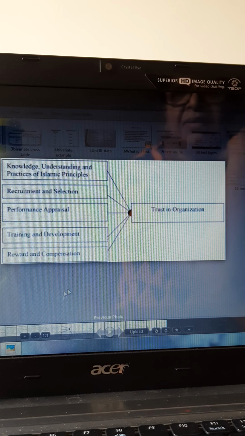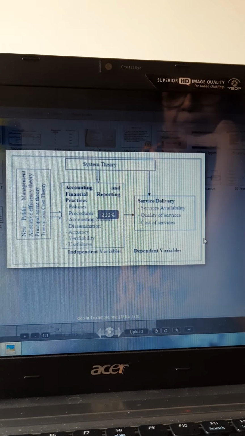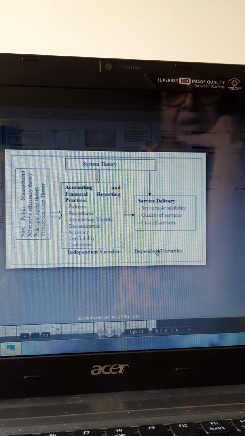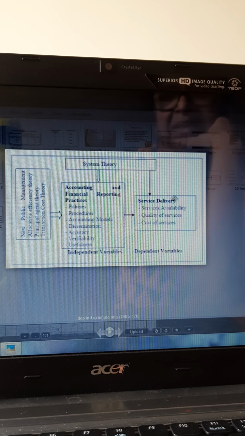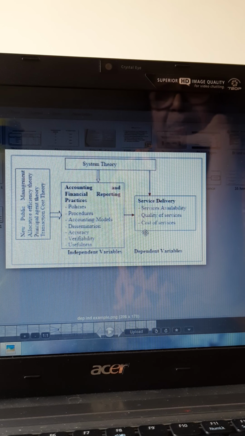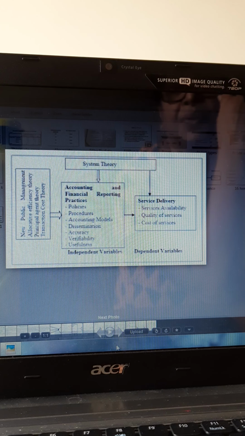Okay, so these are examples from various studies that were undertaken. Again, service deliverables quality is dependent on policies, procedures, accounting standards. Okay, finance example.